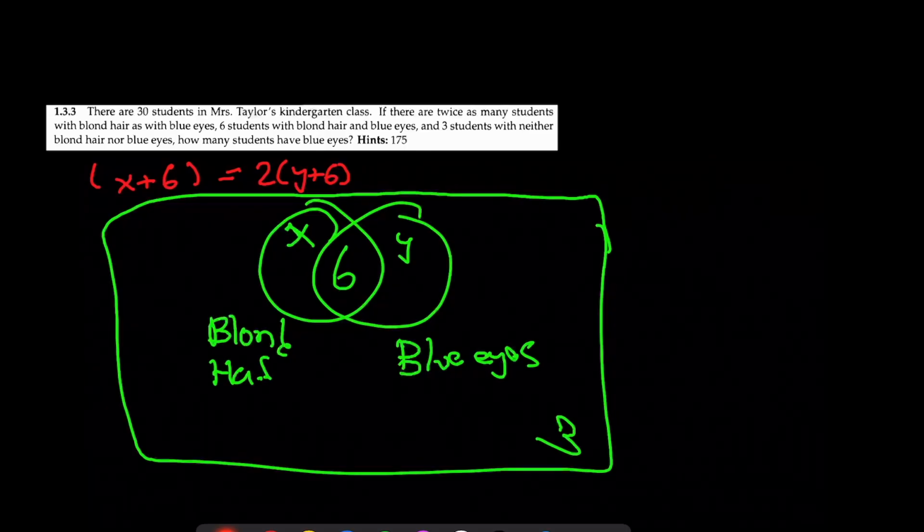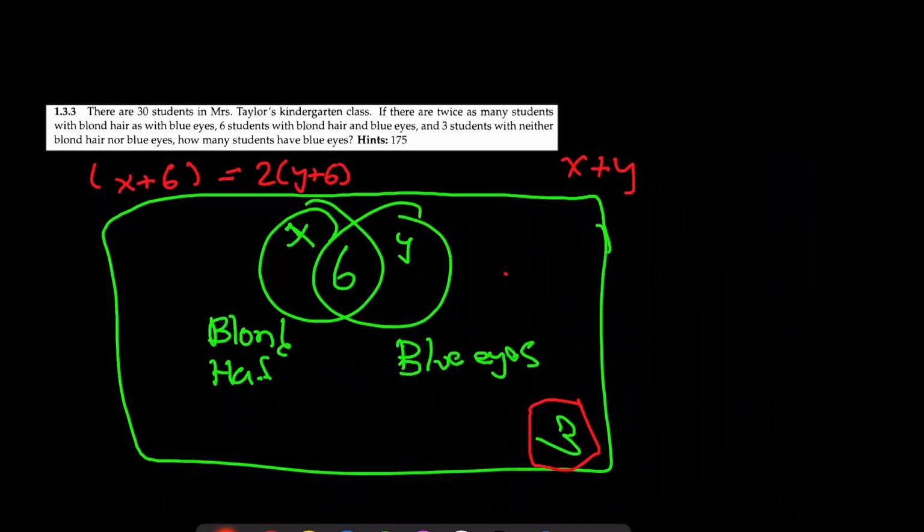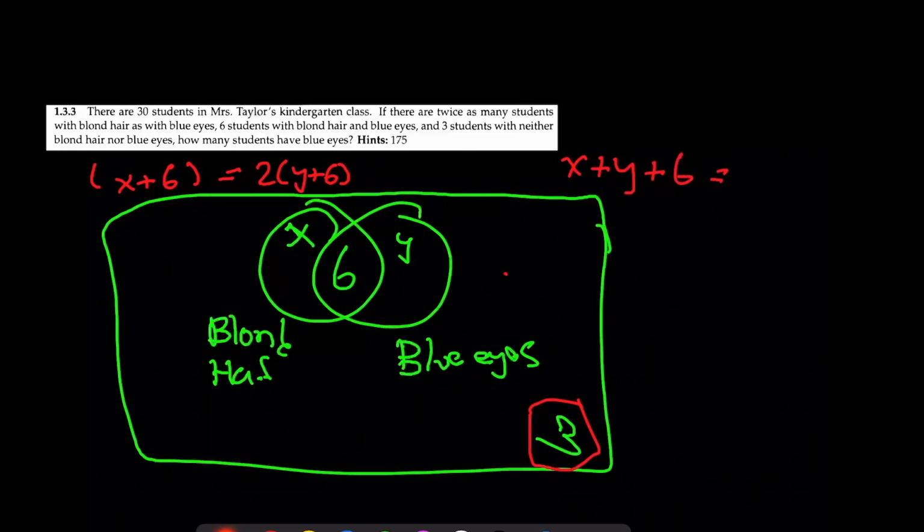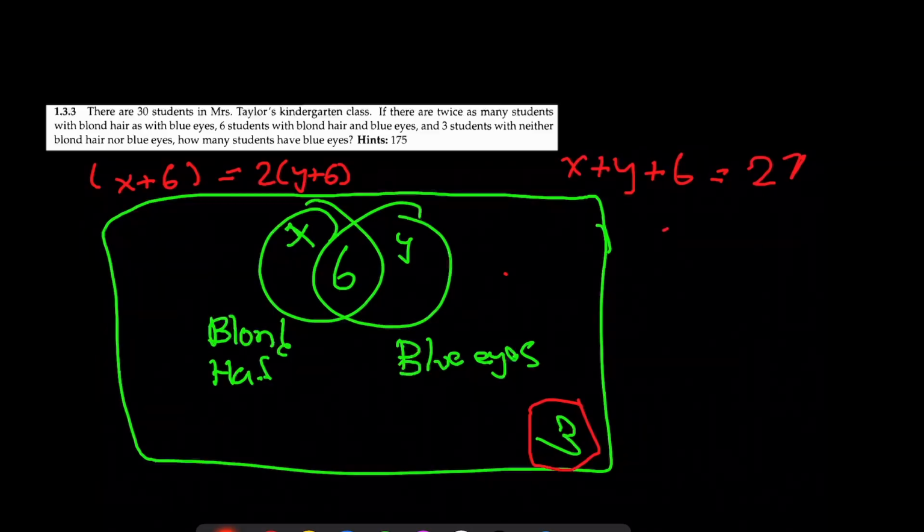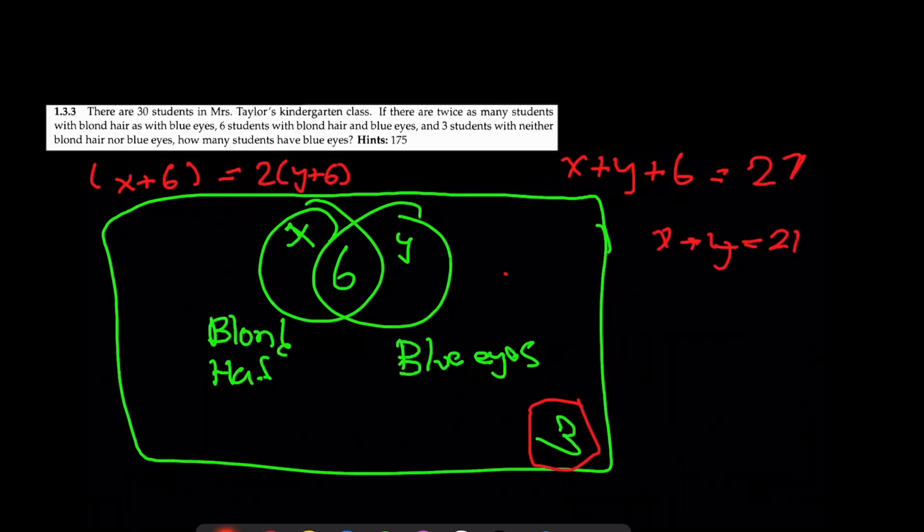And we got all of them add up to 30. So 27 inside this, because there are 3 outside. So that means x plus y plus 6 plus 6 is equal to 27. x plus y is 21, or y is equal to 21 minus x.